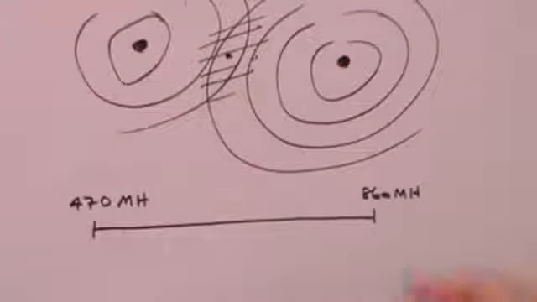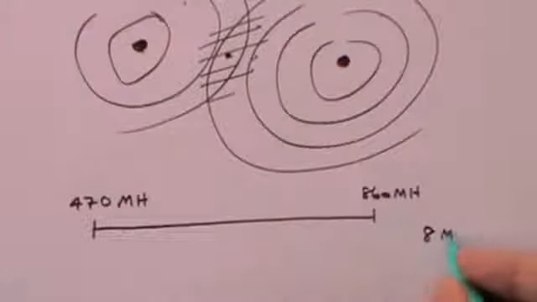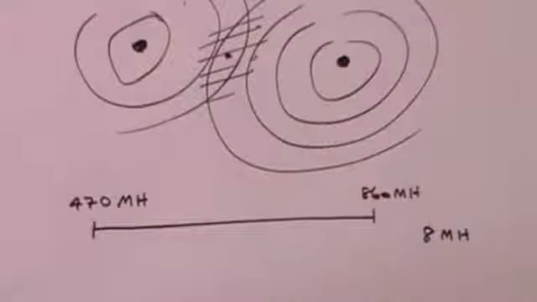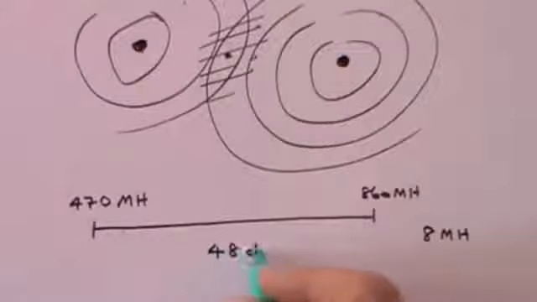And I said before that the bandwidth was 8 megahertz, that is the frequency bandwidth to contain the entire signal. And what that means is that this frequency spectrum of the electromagnetic spectrum contains 48 channels.